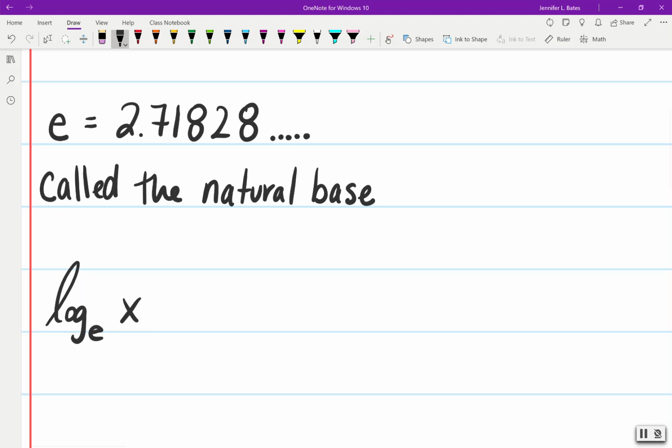We actually just call it the natural log. So it's written like this: ln of x. Okay, so now we've got a new log with a base that we should know. Ln of x is just log base E.